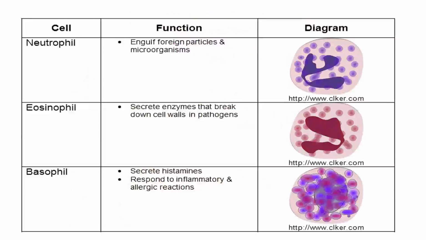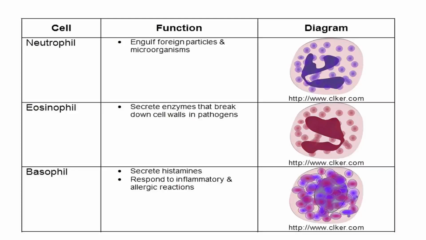Then the second line of defense is formed by the blood cells, the WBCs. Basically the WBCs are of two types, granulocytes and agranulocytes. The granulocytes include neutrophils, eosinophils and basophils. The neutrophils are responsible for phagocytosis, as I have mentioned earlier.